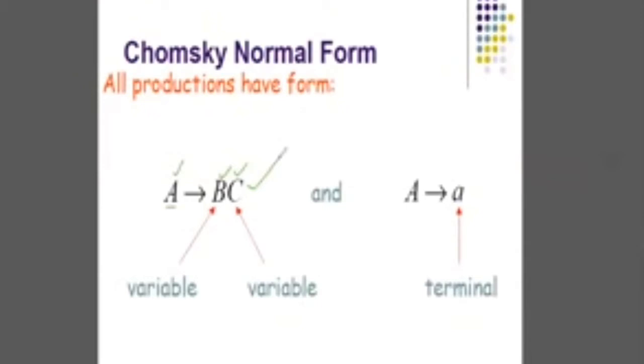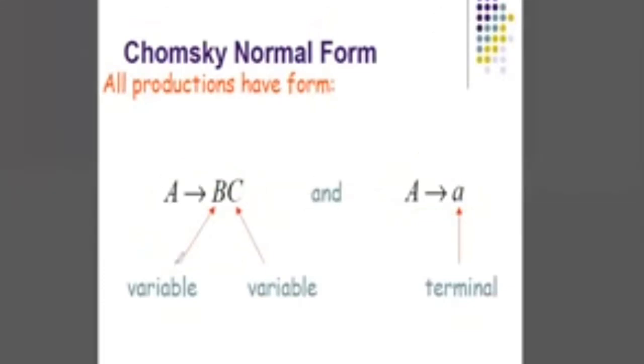The second type is A tends to a, where this a is a terminal symbol. So there can be two types of productions in Chomsky normal form: a non-terminal symbol giving you two non-terminal symbols, and a non-terminal symbol giving you a single terminal symbol. All the productions should be in this format to say that the given grammar is in CNF.